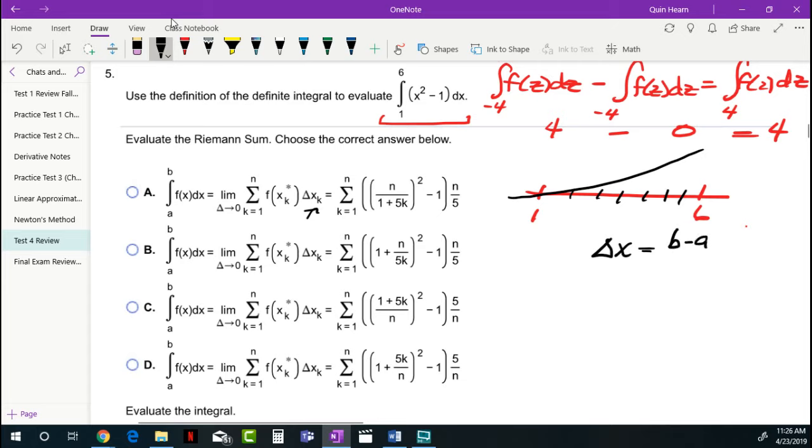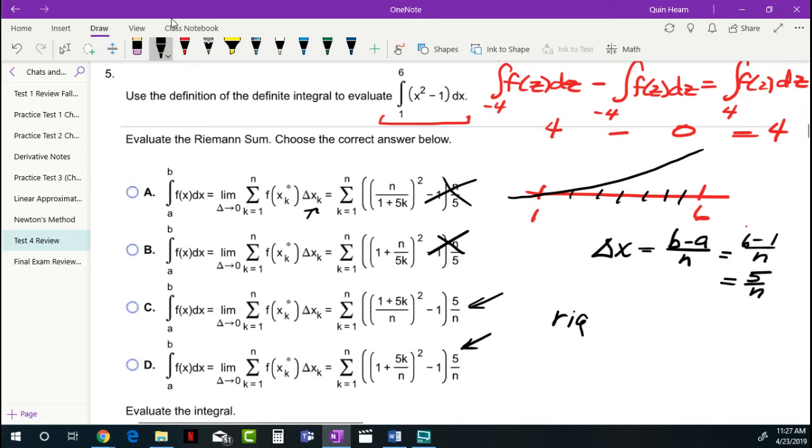Remember I told you that the base of the rectangle is going to have a size we refer to as delta x. Now, in a Riemann sum, it is not necessary for each of the bases to be the same size, which is why they say delta x sub k instead of delta x, because for each kth subinterval, they use a different notation. But for the purpose of calculation, it's way easier usually to have them be the same size.